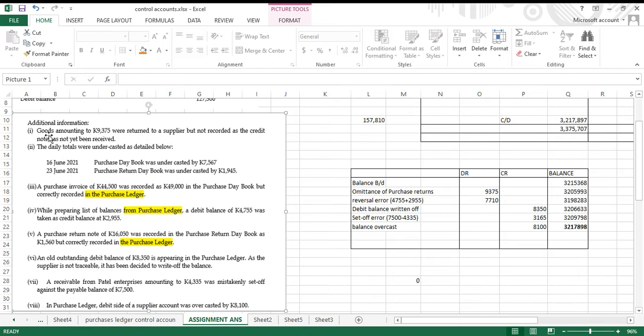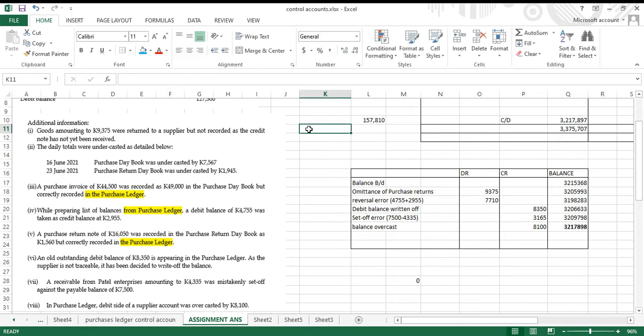The first transaction, goods amounting to 9,375 were returned to a supplier, but not recorded as the credit note has not yet been received. All right. So here we have a situation of return outwards. We're returning goods to our supplier.